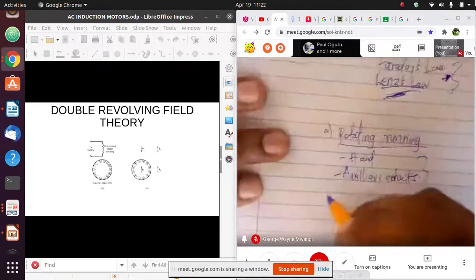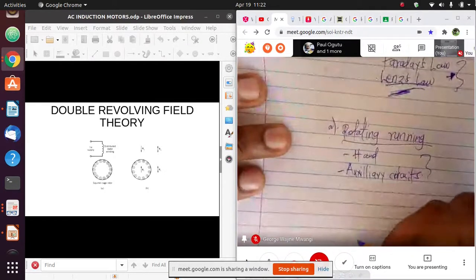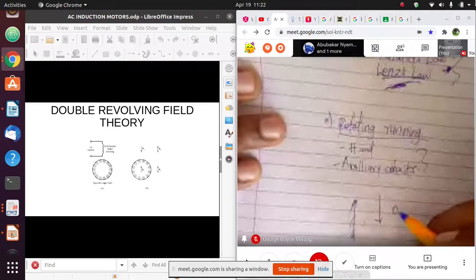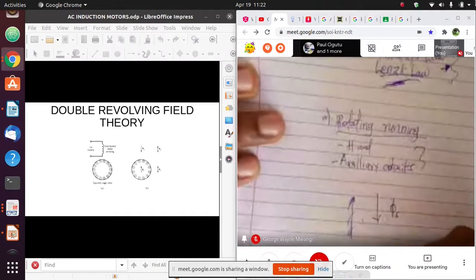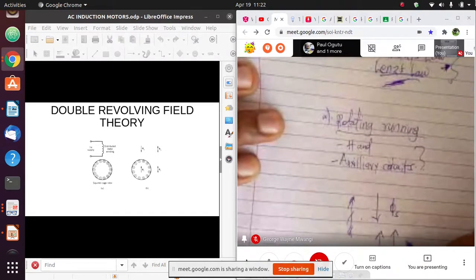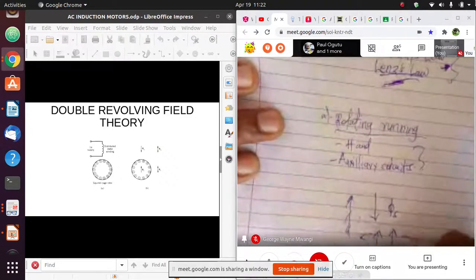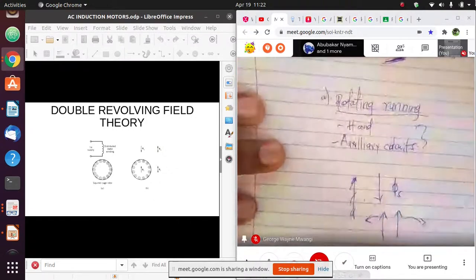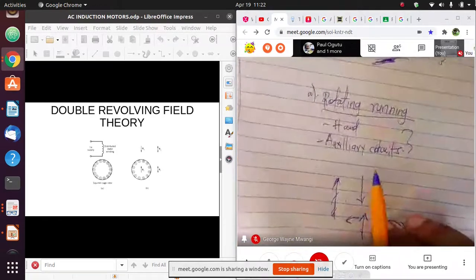So let me draw this. This flux phi can be seen to be two equal rotating fields. Now let us see this mathematically. Let's get into vectors.